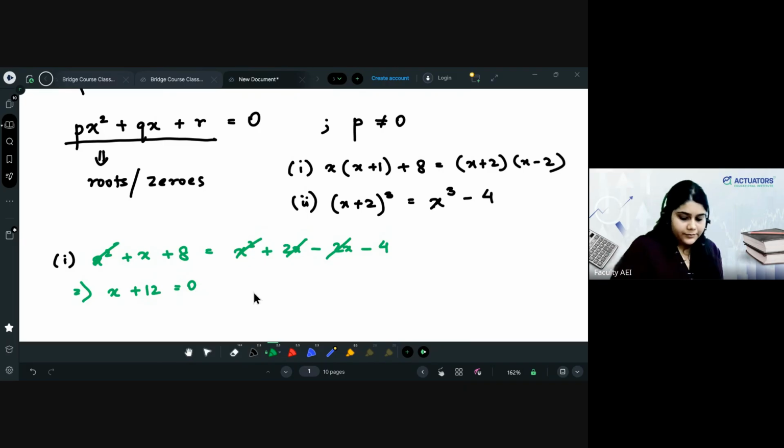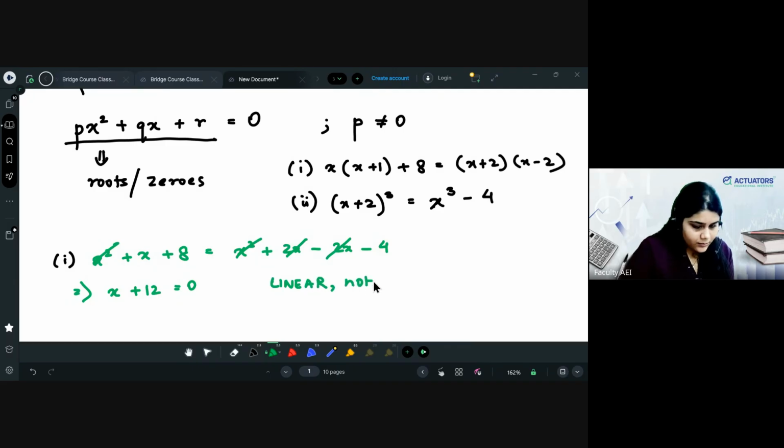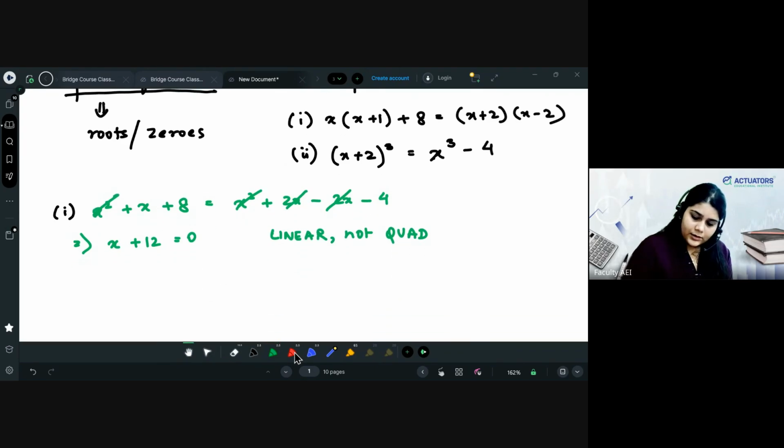So this is a linear equation. Part 2, (x + 2) whole cube. The expansion is a cube plus b cube plus 3a square b, sorry, 3a square b, let's make it 6, and 3ab square.